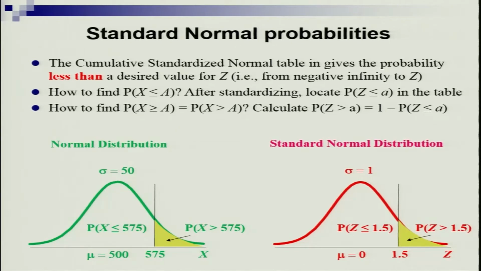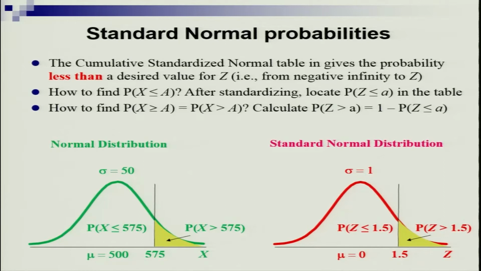But can we also find the probability that x is greater than or equal to a? Yes, that is also possible. That is equivalent to asking for the probability that x is strictly greater than a, because the probability of a continuous random variable taking a particular value is 0.